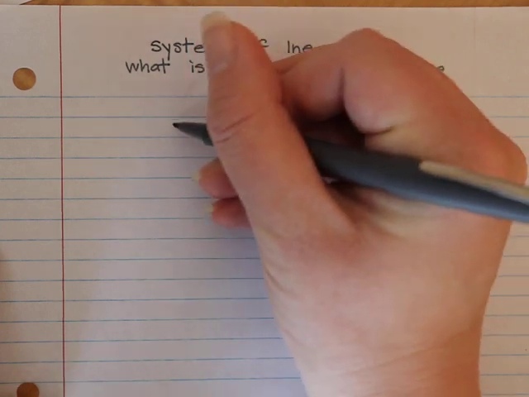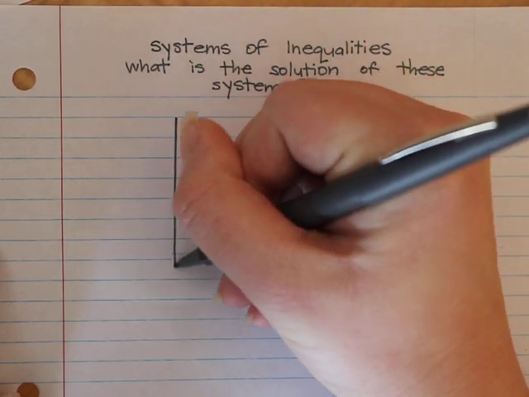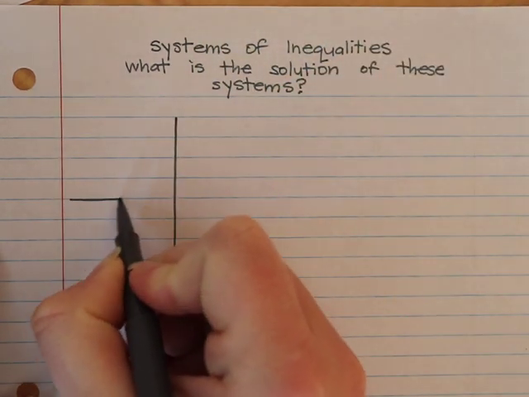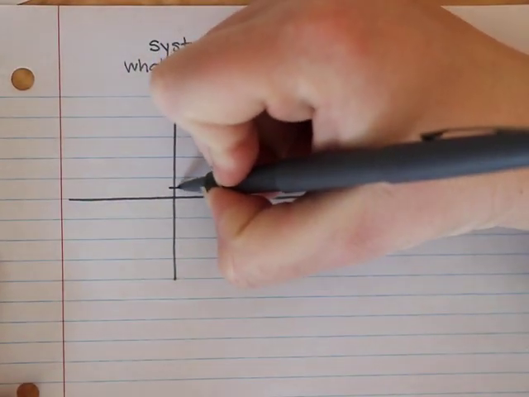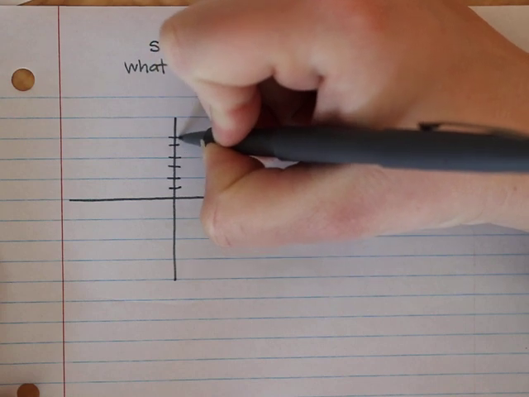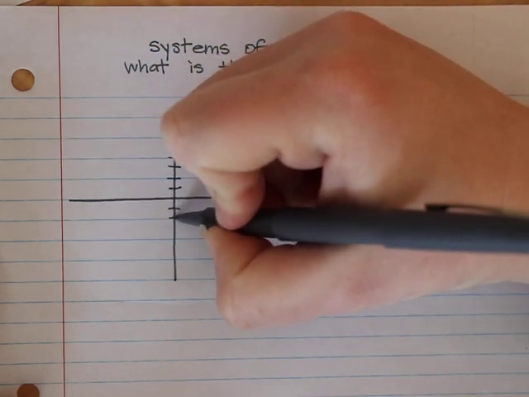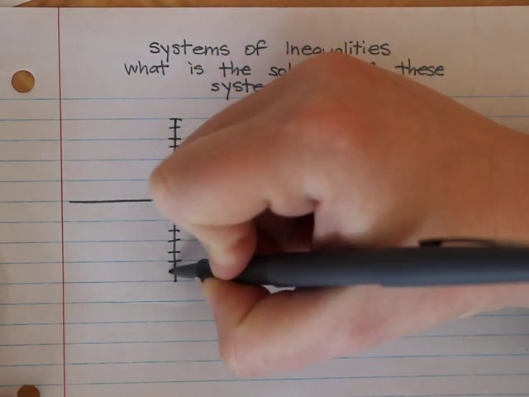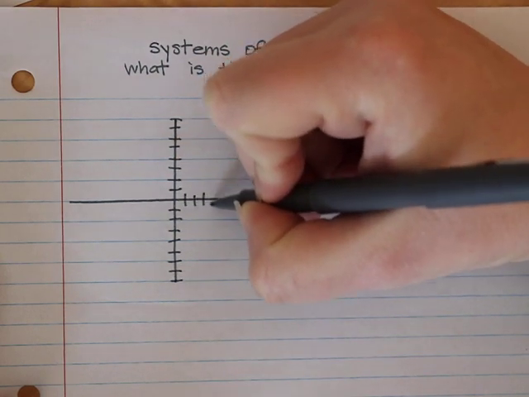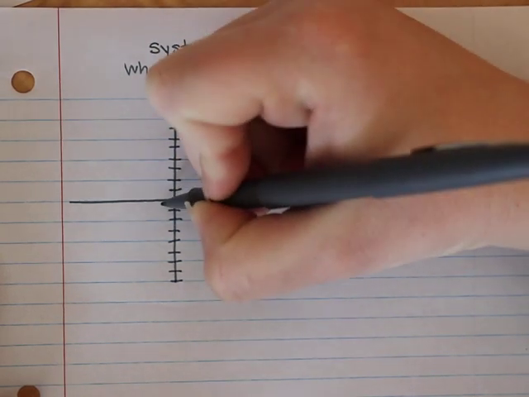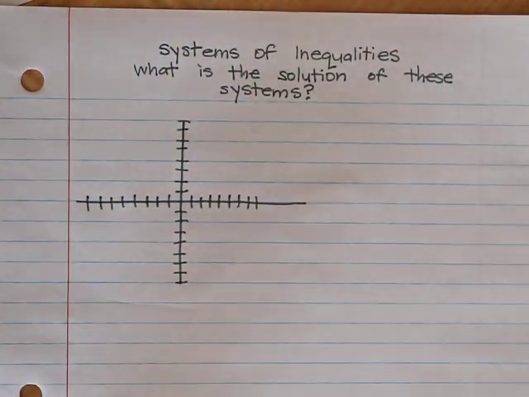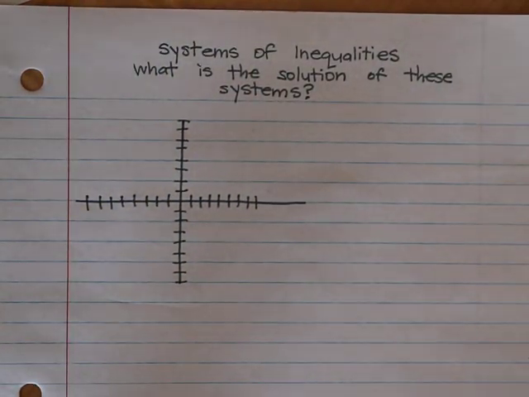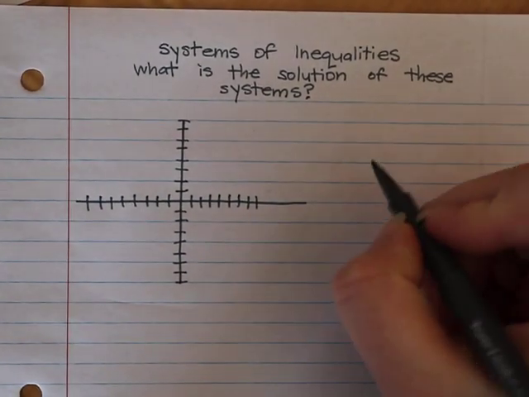So I am going to sketch out some very exciting looking graph paper here. Okay, so far so good. Very, very fancy. I'm going to look at two inequalities.